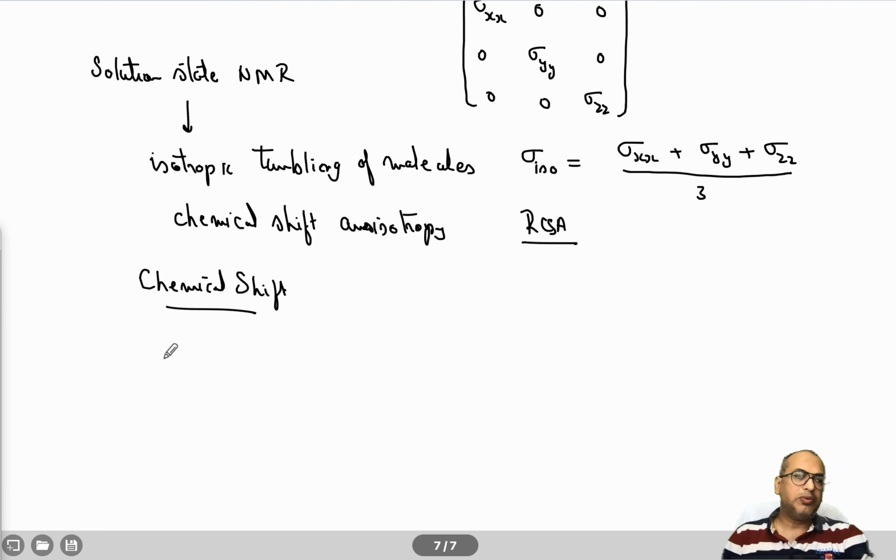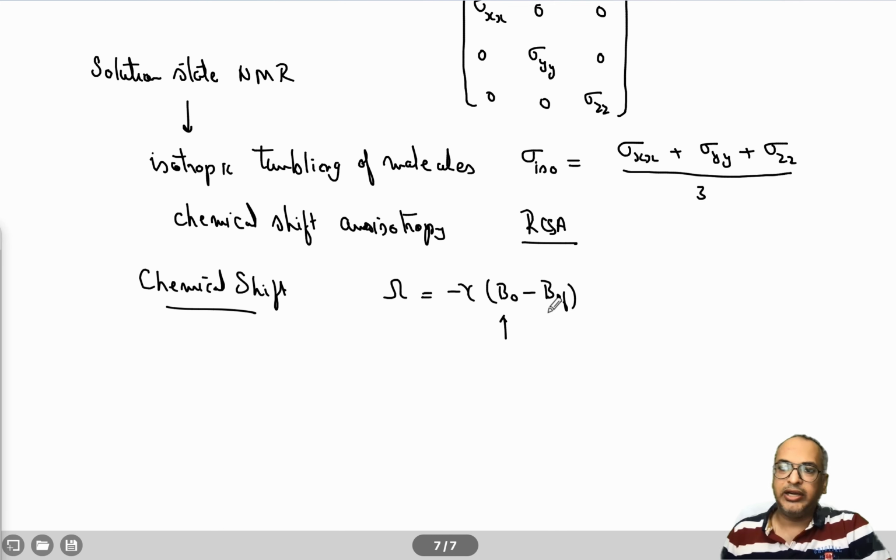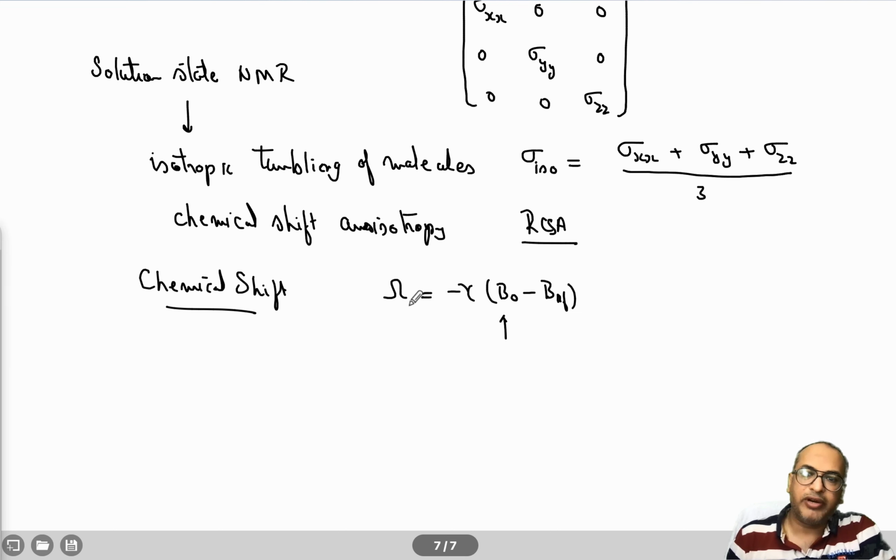Okay. So now, although this offset is magnetic field dependent, right? If you see the offset, the offset is B0 minus BRF, right? So it has an applied magnetic field dependence. It also has this RF dependence. So in practice, this magnetic field dependence is actually removed by comparing the offset values with the offset of a reference compound.